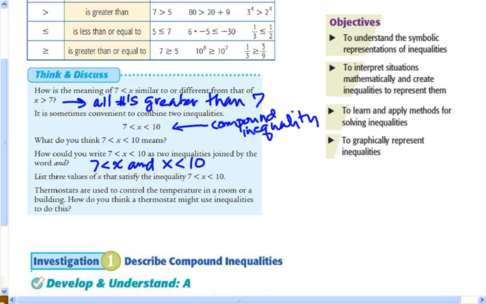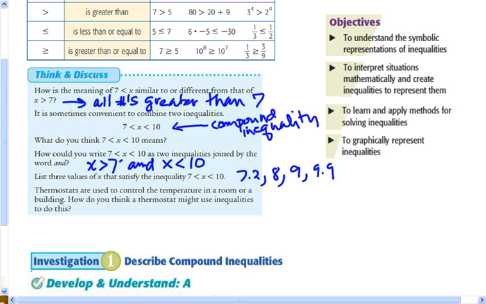Or we can turn that around and just say numbers that are greater than 7 and less than 10. Now, values that would make that true are just numbers between 7 and 10, like 7.2, 8 is a good one, 9, anything up to like 9.9 or things like that. All right?